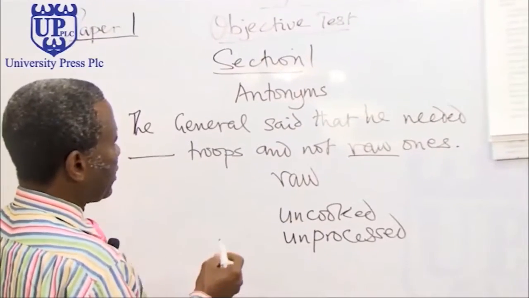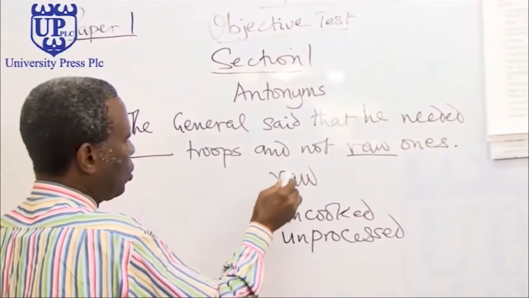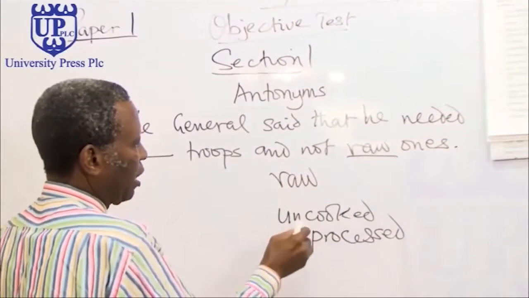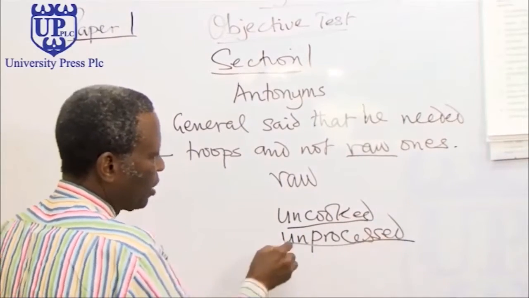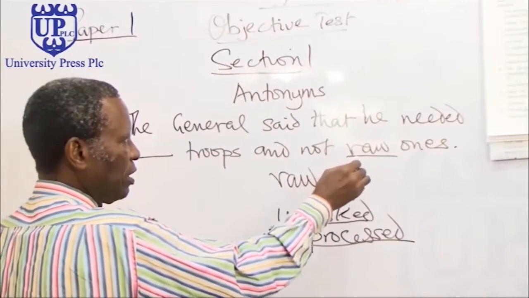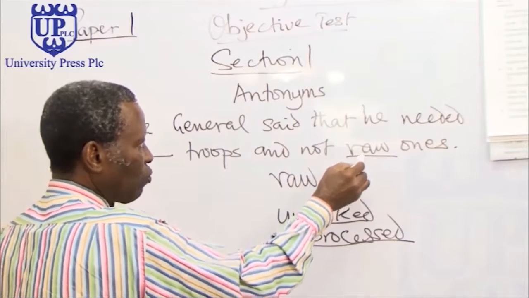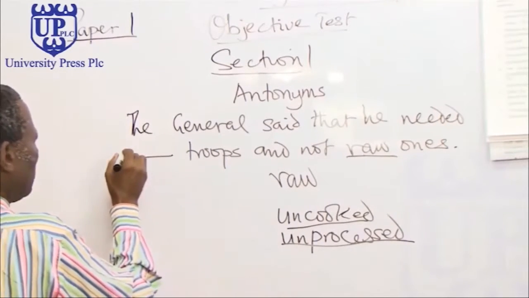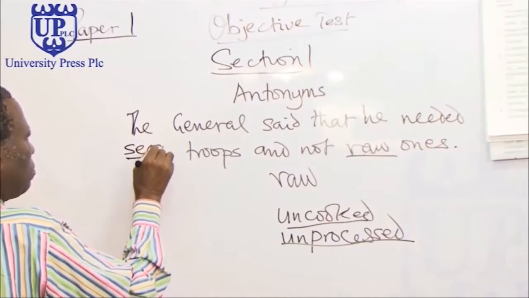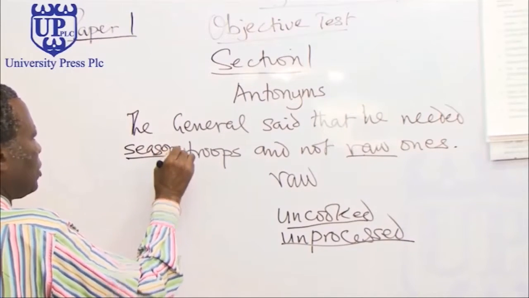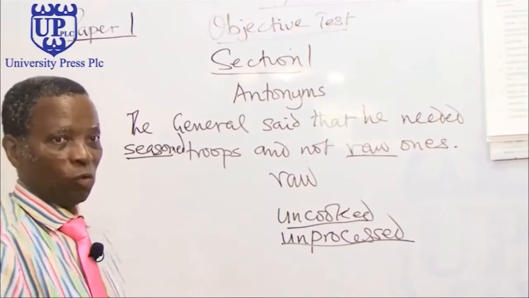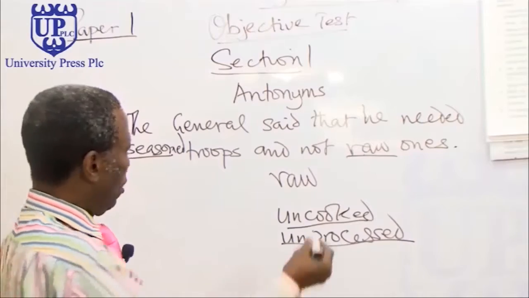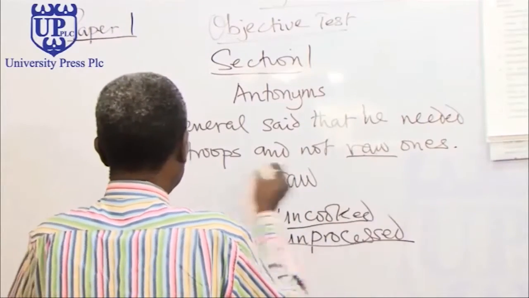The general said that he needed dash troops, not raw ones. Can it be uncooked? Can it be unprocessed? Of course not. So the opposite of this one will now be seasoned. Seasoned means the ones that are well trained, well skilled. So the opposite of raw there is seasoned.